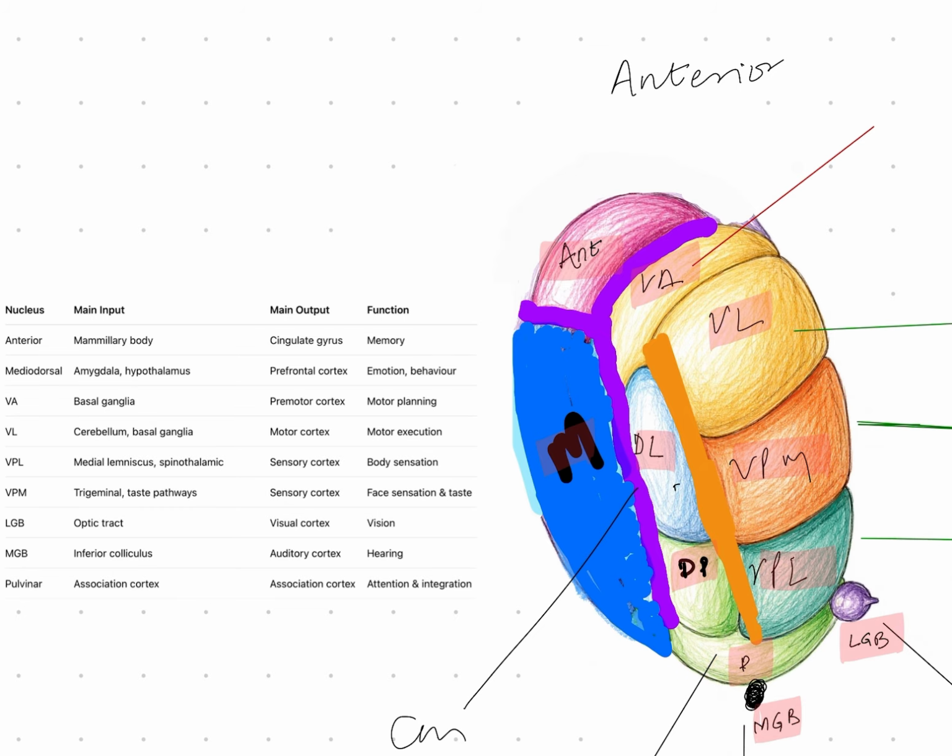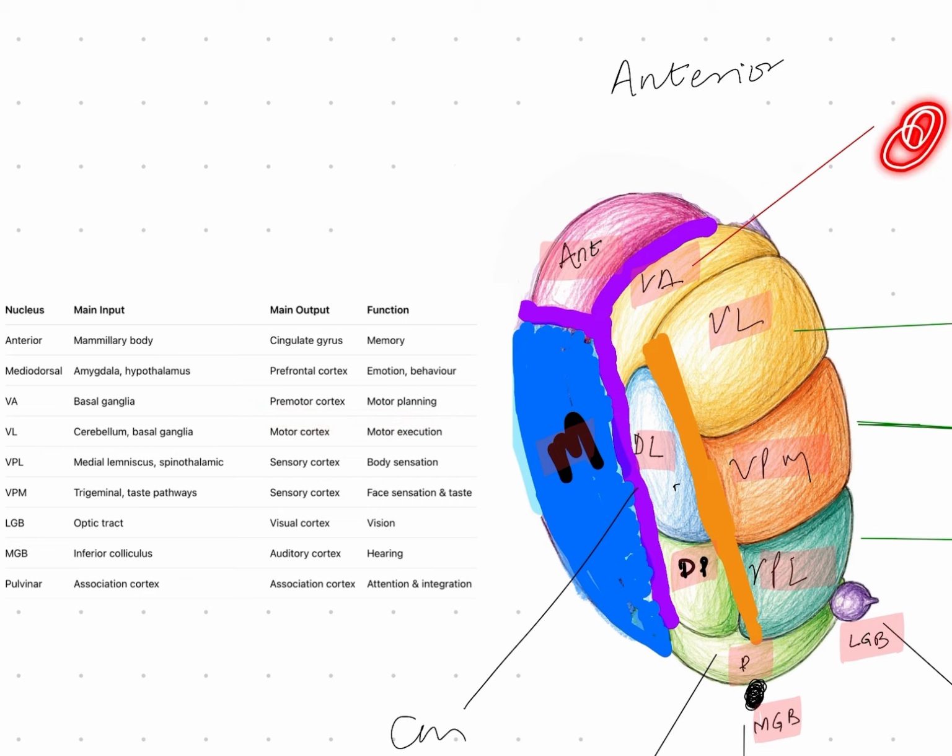Similarly, this type of arrangement is in the thalamus. So first is ventral anterior. This takes input from the basal ganglia and goes to the premotor cortex, and the function is motor planning.